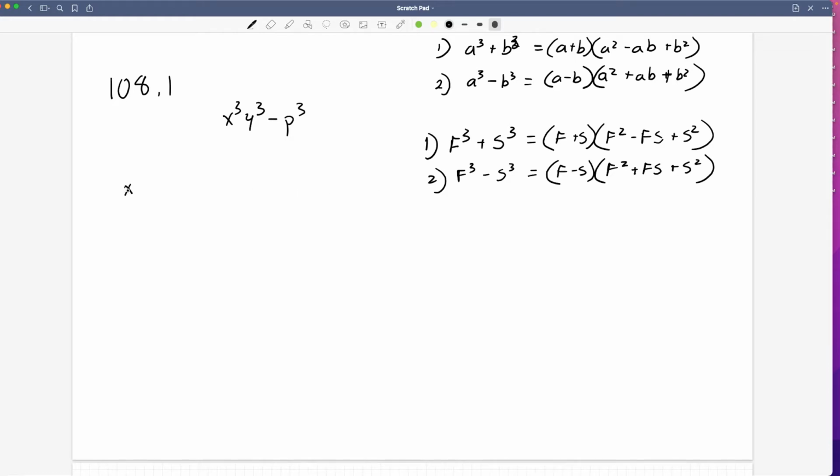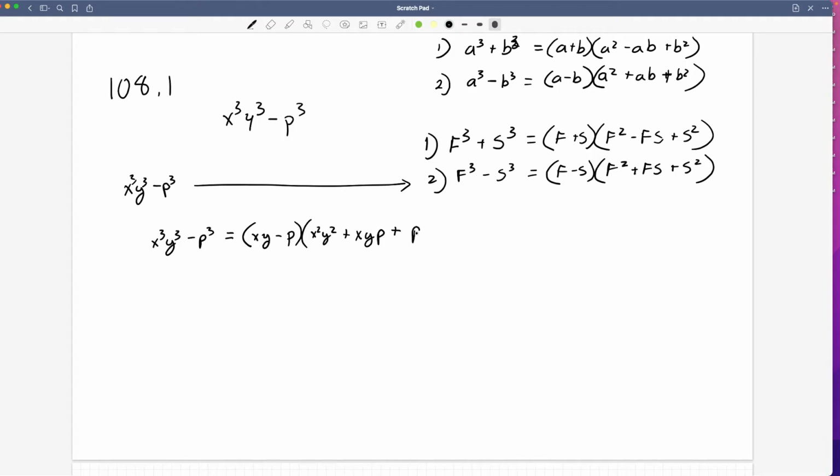So we're going to write x cubed y cubed minus p cubed in the second form. That is equal to the first thing, which is xy, minus the second thing, which is p, times the first thing squared, which is x squared y squared, plus the first times the second, so xyp, plus the second squared, p squared.